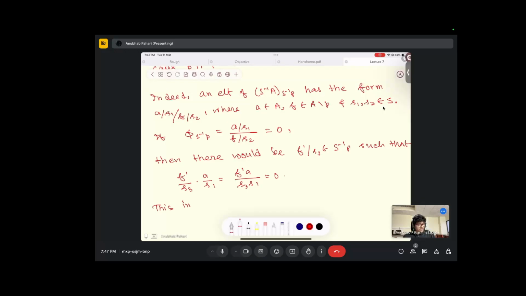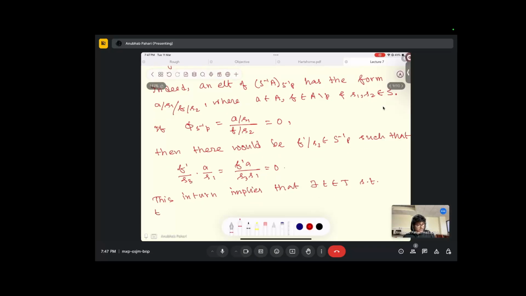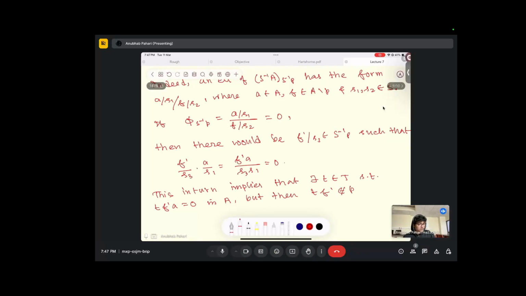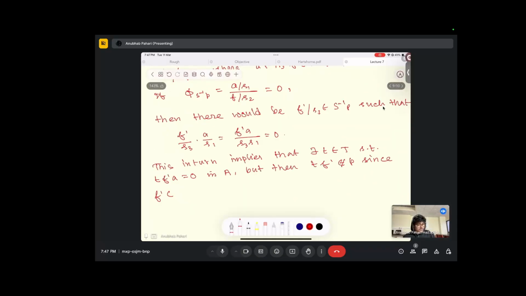This in turn implies that there exists small t of T such that t a is 0 in A, but then tf dash does not belong to P, since f dash does not belong to P and T intersection P is empty.